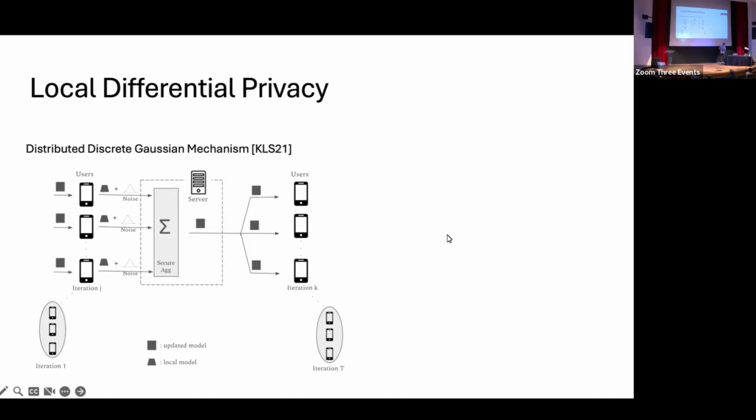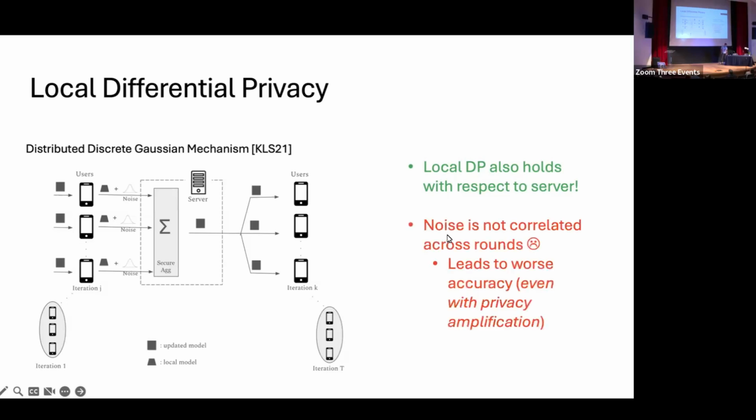Here the intuition is that the clients add some noise locally before their updates are aggregated on the server side. The pro is that we get local DP even with respect to the server. But here, the noise is not correlated across rounds, and so we get a worse privacy utility trade-off, even if we do use privacy amplification.